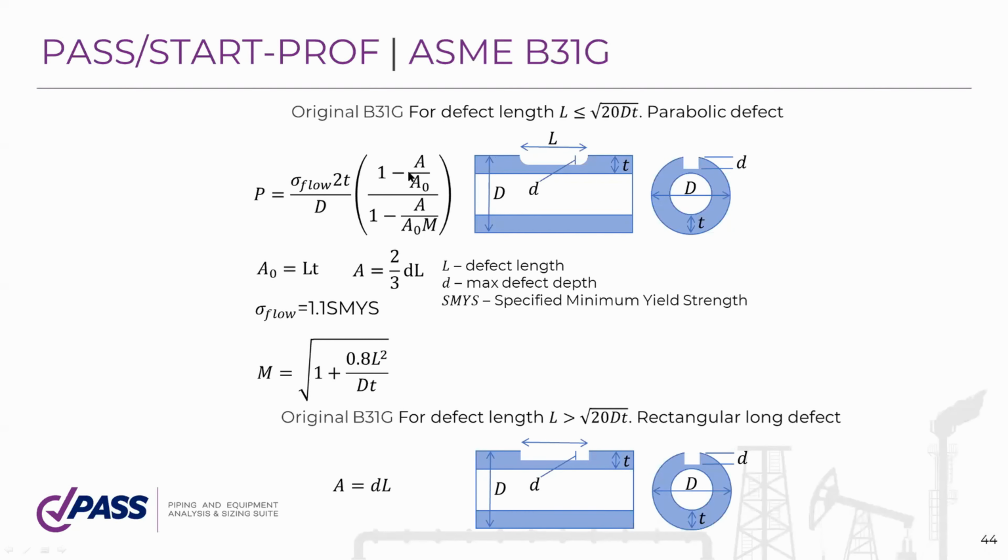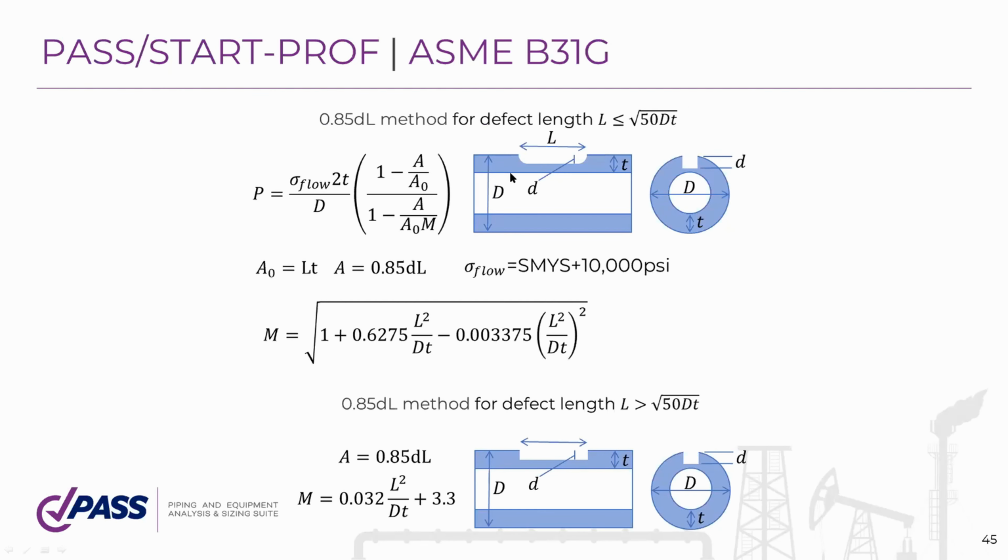Now we can substitute these values in this equation and also consider the M factor. The M factor was obtained from real-life tests, and the allowable stress is calculated as 1.1 multiplied by specified minimum yield strength. For long defects, the shape of the defect is considered rectangular.